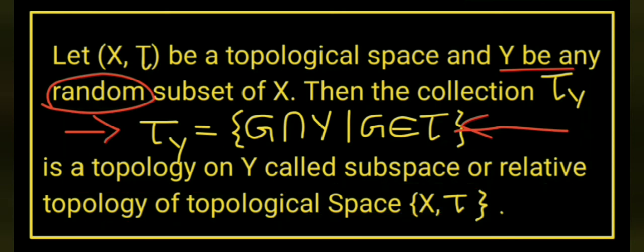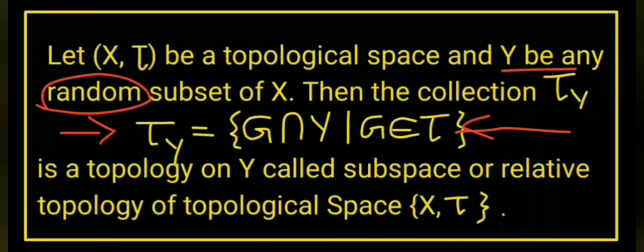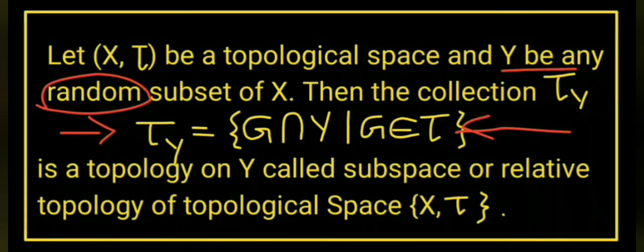Here we can understand it as subspace of X means definitely Y is the subset of X and it is the topology on Y. So here we have a set X on which the topology tau is defined. We are picking some members from the set X and again we are defining a topology on that set Y, and that topology is known as subspace topology or relative topology of the topological space (X, tau).